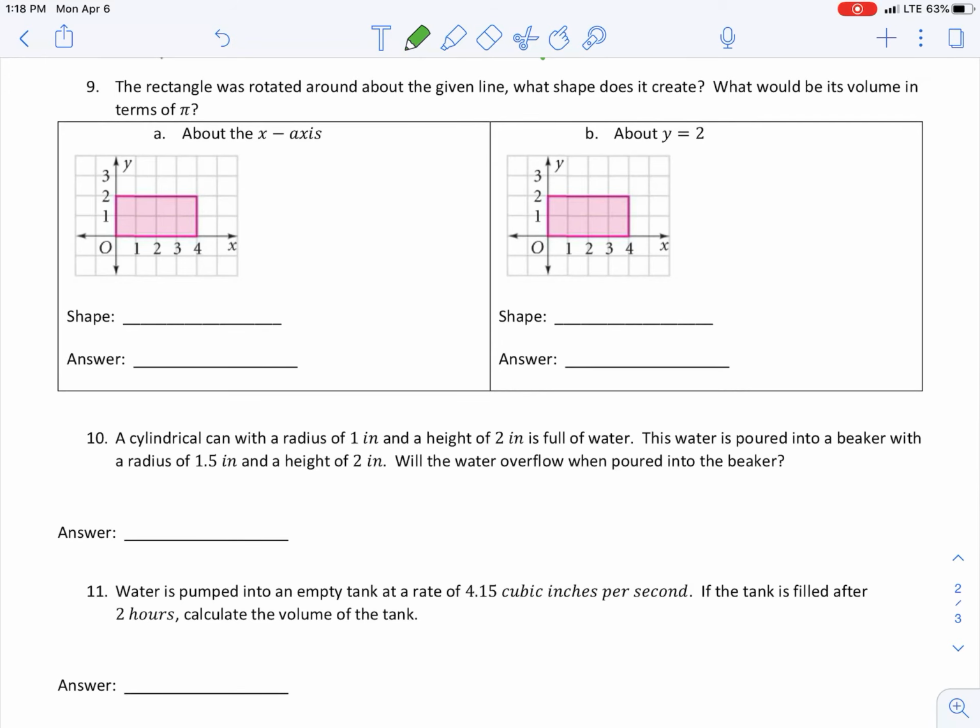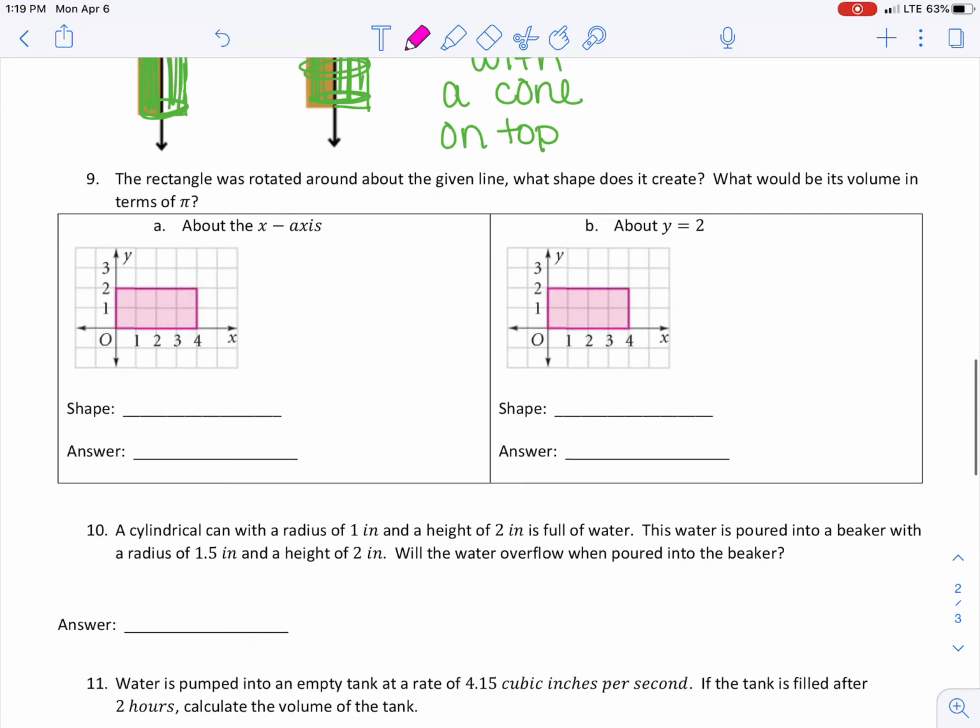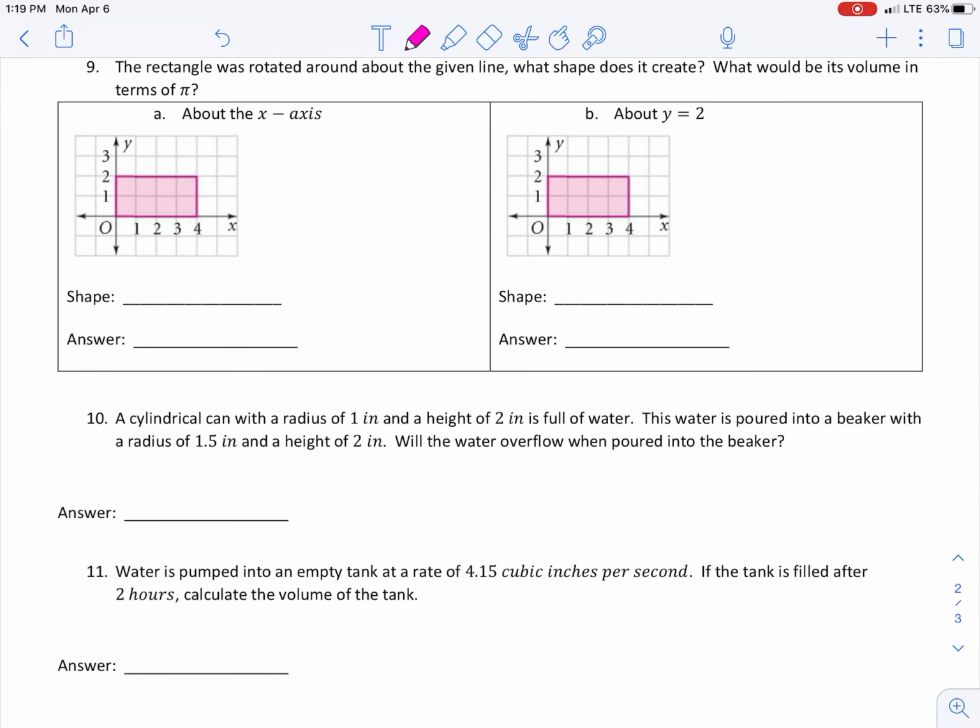All right, moving on to number 9. So, with number 9, it says the rectangle was rotated about the given line. What shape does it create? And what would be its volume in terms of pi? So, this is using what we learned in number 8. So, it's telling us for part A, rotate this about the x-axis.